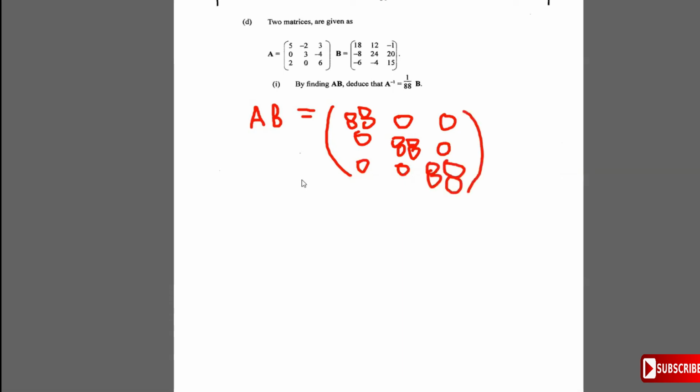So A times B is equal to, if you factor out 88, 88 times the identity matrix. All right, nice and easy.